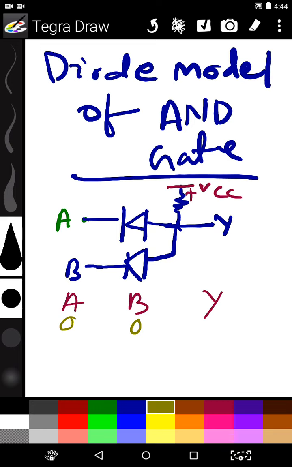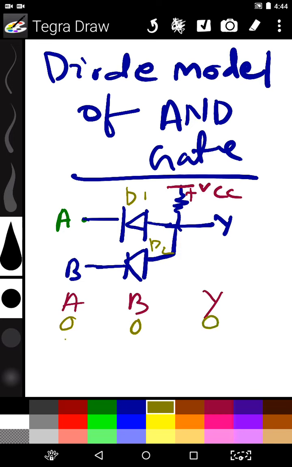Let's say this is diode D1 and this is diode D2. D1 and D2 both are forward biased, which means they act as a closed circuit, so Y will be grounded. 0 means low voltage, so the output will be 0.